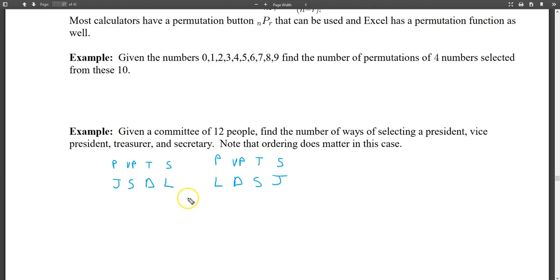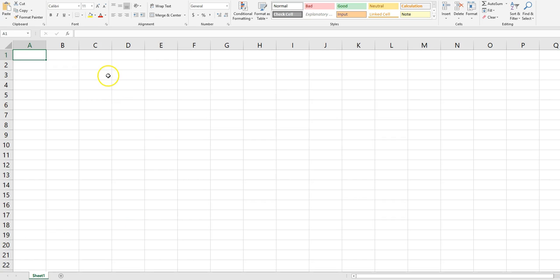So ordering does matter. The number of possible slates of candidates we would have here would be 12P4. We want to select 4 people from 12, and ordering does matter. Here I've opened up Excel, so let's evaluate 12P4 using Excel.